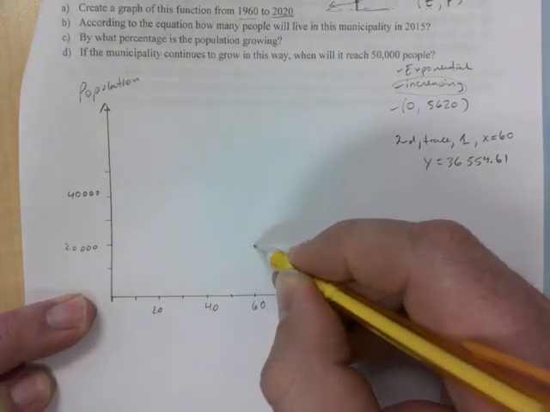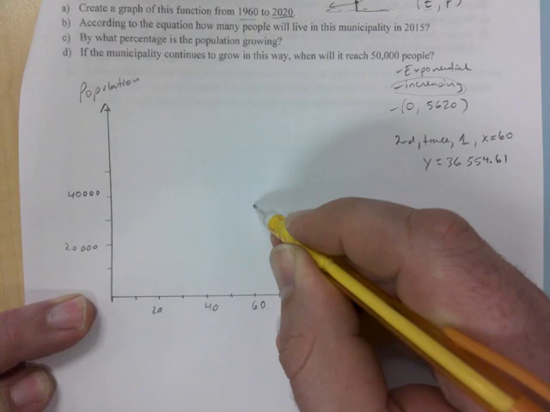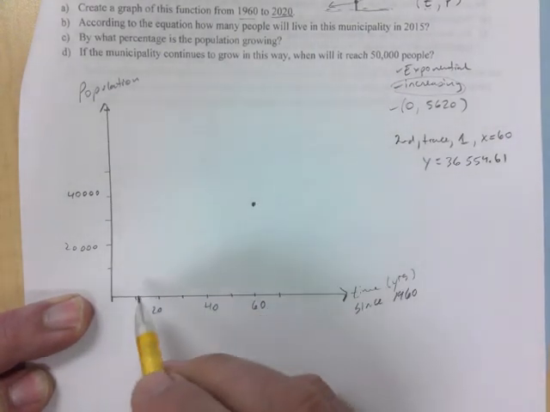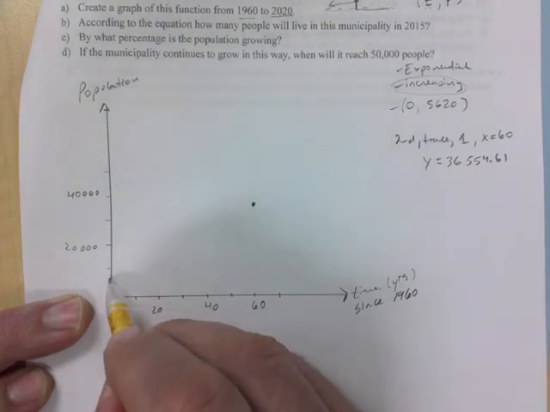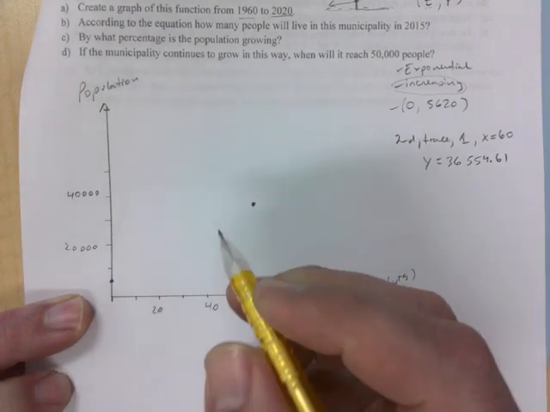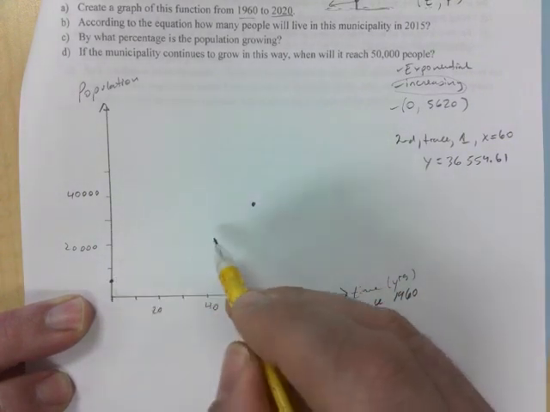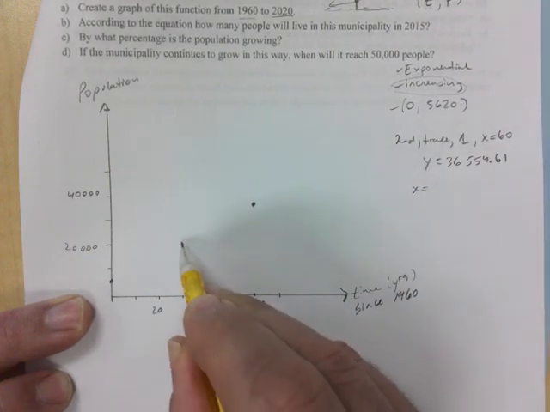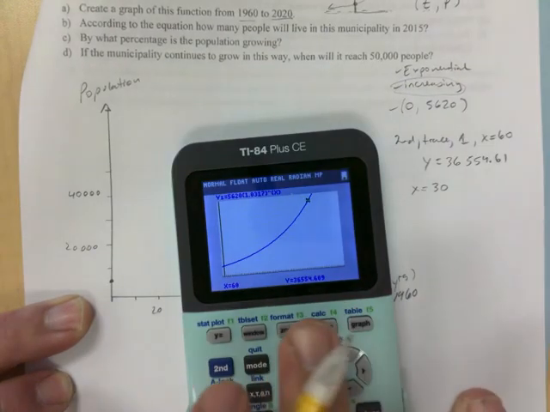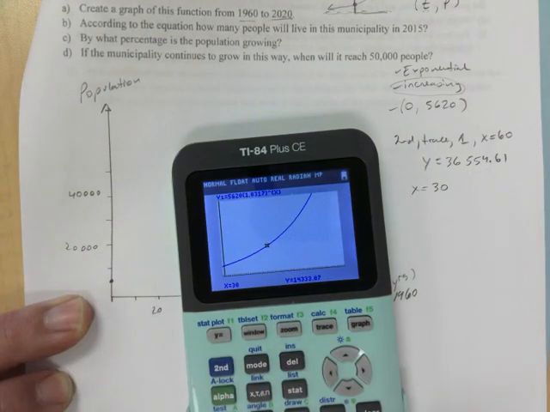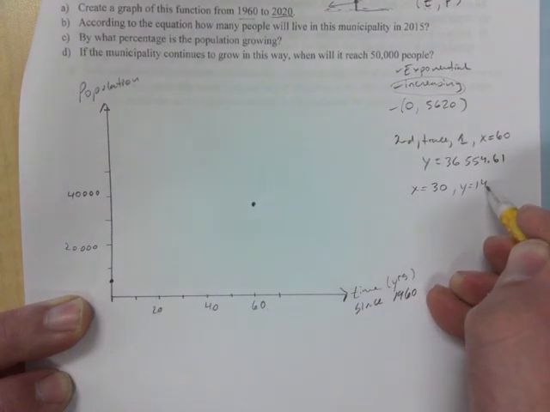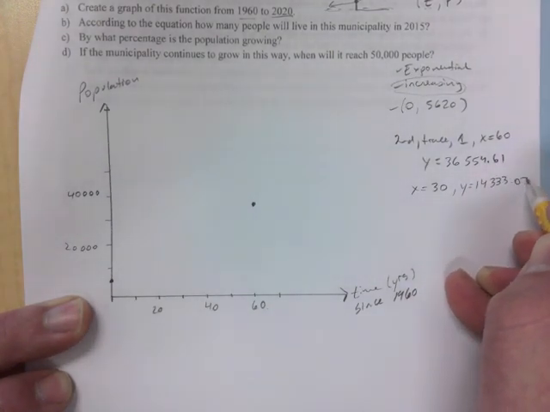At 60, I'm at 36,000. So right about there. So this would be my 10,000 here, 5,600 and something is here. Maybe find one more along the way. And x is equal to maybe 30. 14,300. 14,333.07.